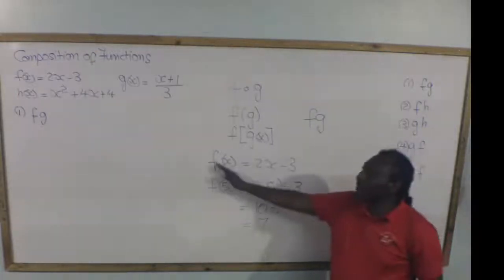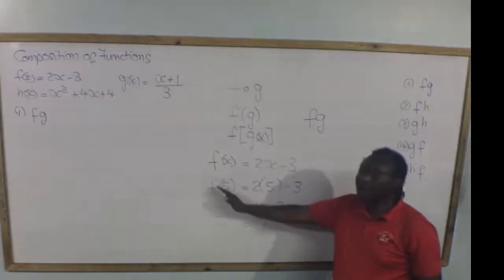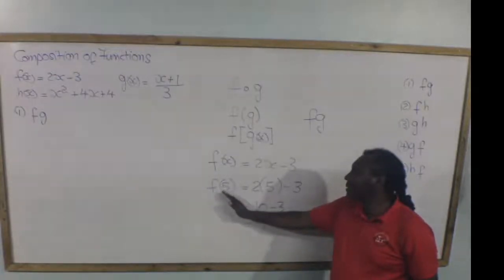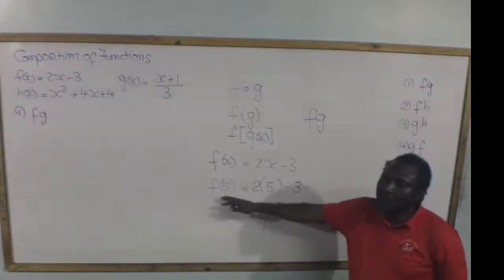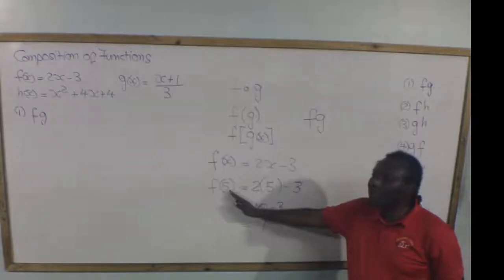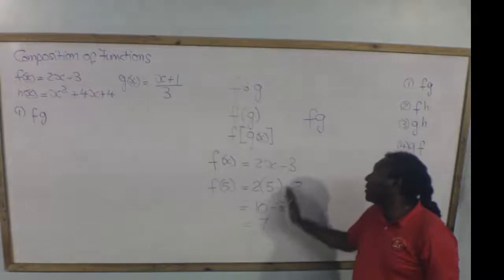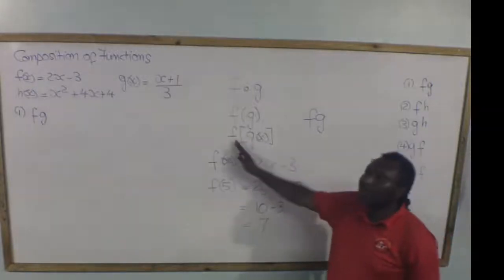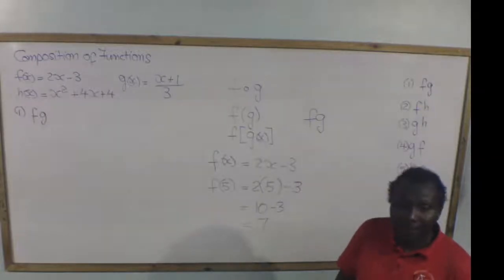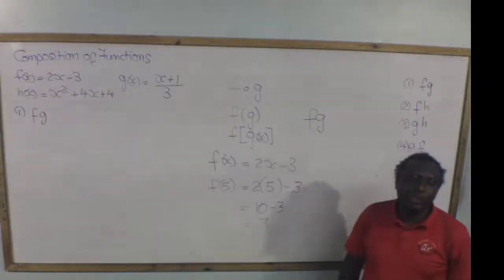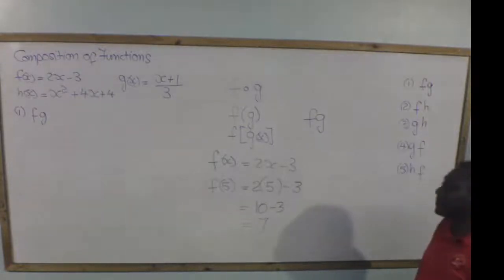F operating on g, like f of x, f operating on x, or f of 5, f operating on 5. And as we said, when a function operates on an ordinary number, the result is a number. But when the function operates on another function, the result is generally another function, which is called a composite function.